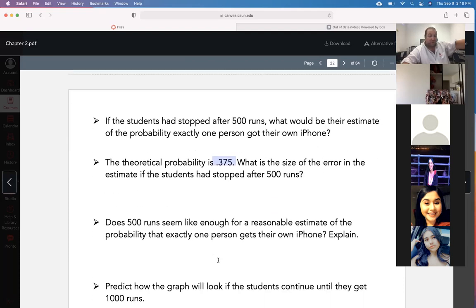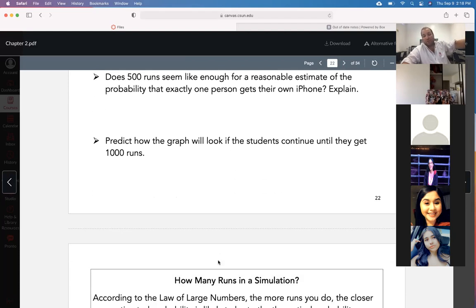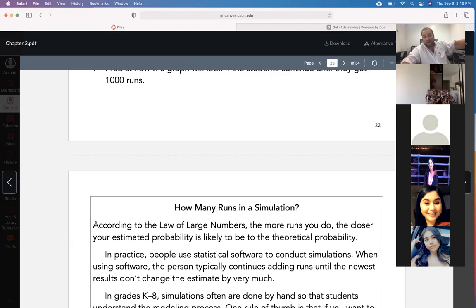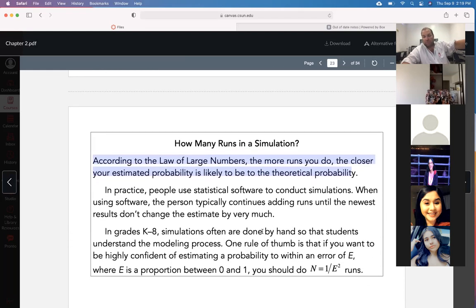I don't know if I'd get there. Maybe I get there and overshoot the mark. Who knows? But that's what I would expect. And this is, again, the law of large numbers. The more runs you do, the closer your estimated probability is likely to be to the theoretical probability. Does that make sense? Yes.